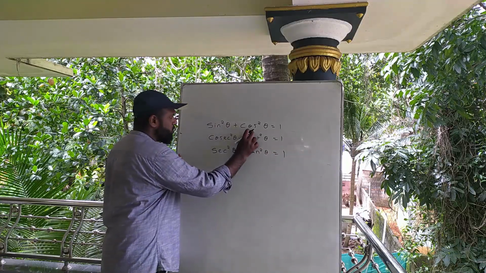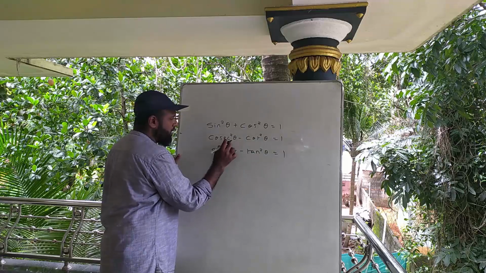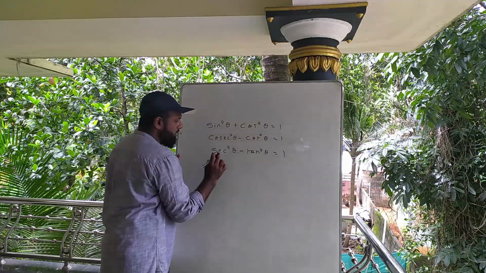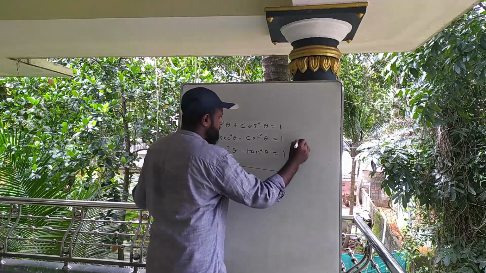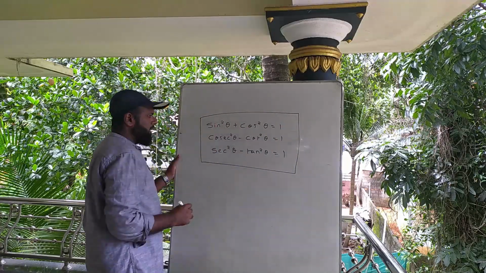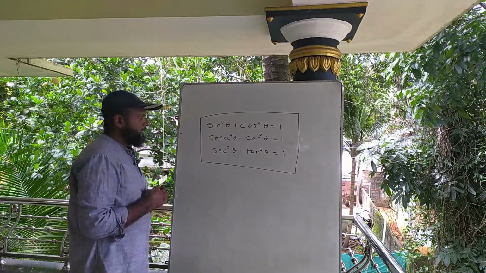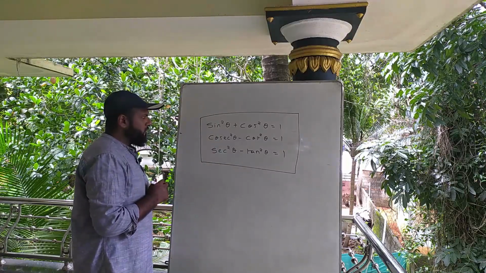Sin square theta plus cos square theta equal to 1. Cosec square theta minus cot square theta equal to 1. Sec square theta minus tan square theta equal to 1. We have to learn this by heart. It is so important for us.